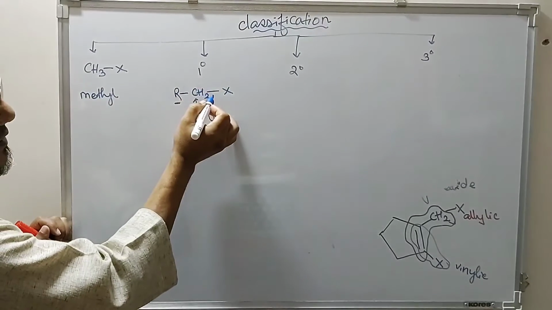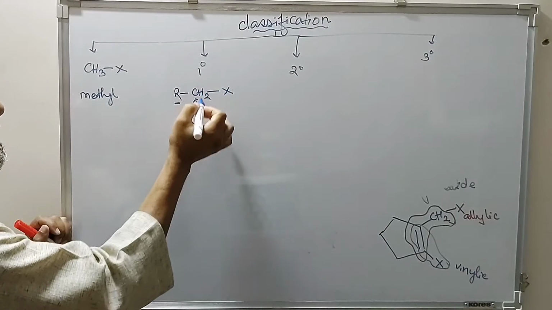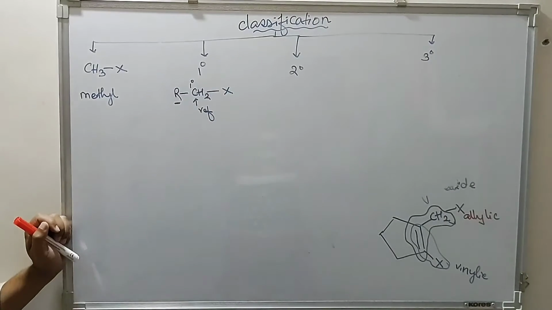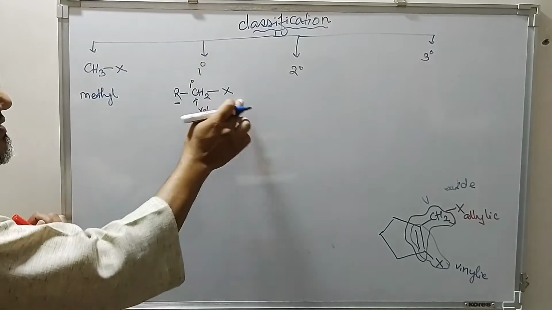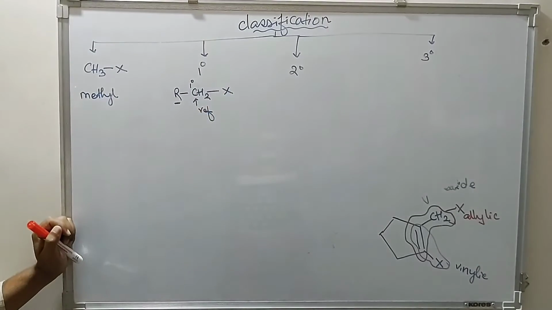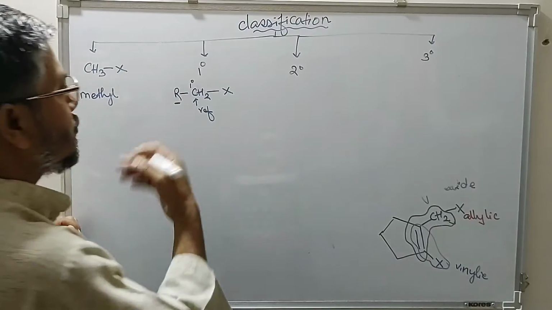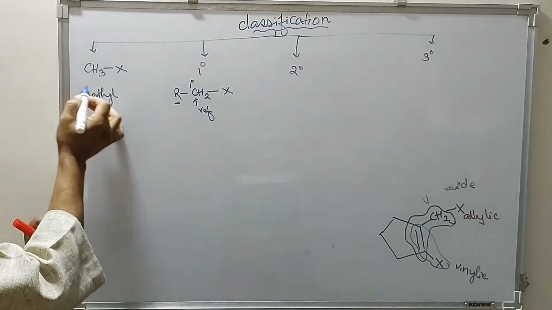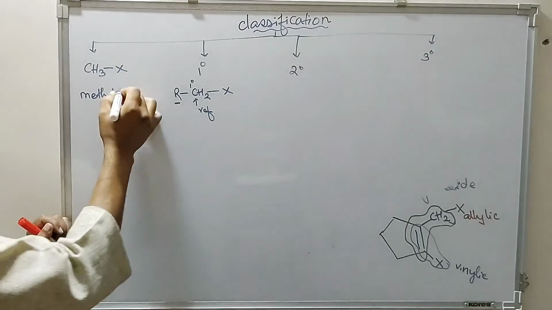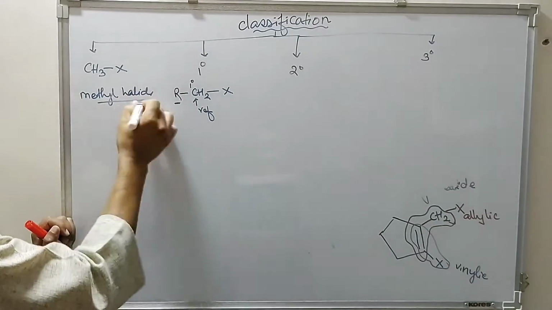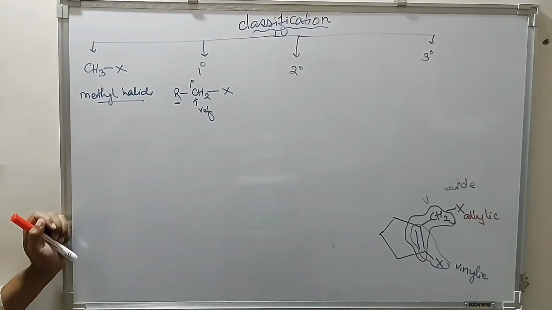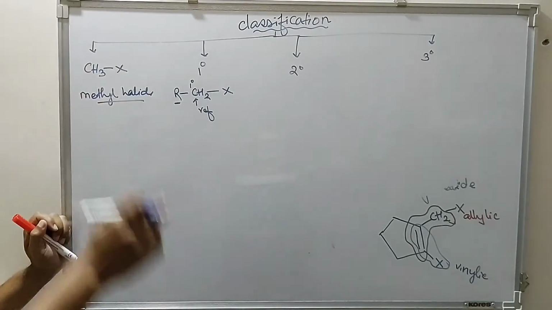So if the carbon bearing halogen is attached to only one carbon atom, we say this carbon is primary carbon, and if halogen is attached to primary carbon, then this is known as primary alkyl halide. In this case, there is no carbon, only hydrogen, so I place this as a different group, that is methyl halide. So primary means the reference carbon should be attached to only one carbon atom.